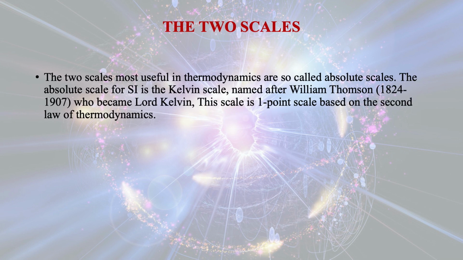The two scales most useful in thermodynamics are called absolute scales. The absolute scale for SI is the Kelvin scale, named after William Thomson, who became Lord Kelvin. This is a one-point scale based on the second law of thermodynamics. In fact, we will introduce the first law and second law of thermodynamics in our subsequent classes.